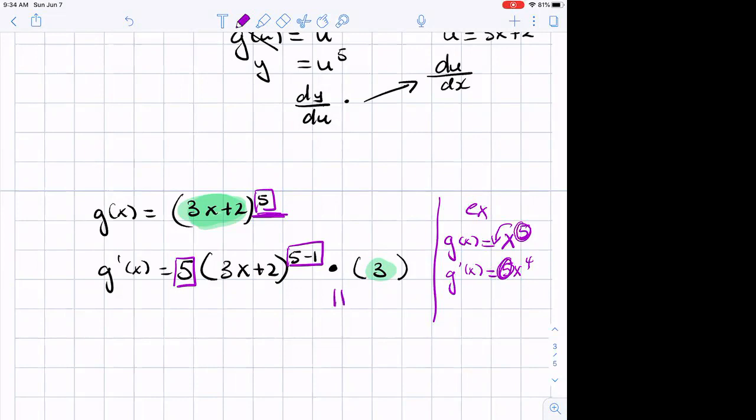And then the chain will be to take the derivative of what's inside the parentheses.